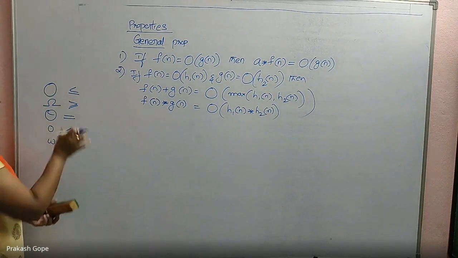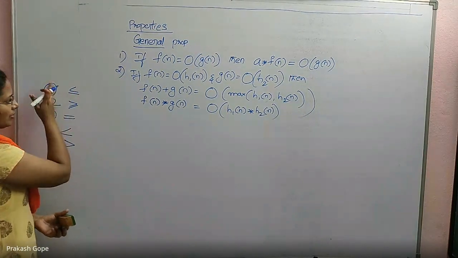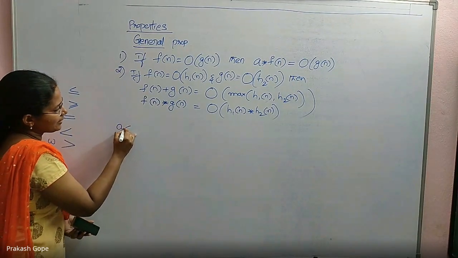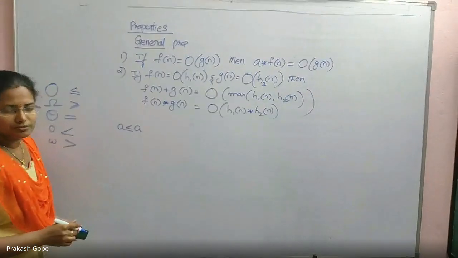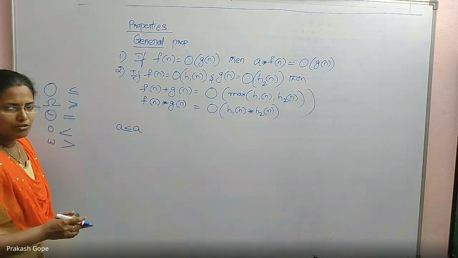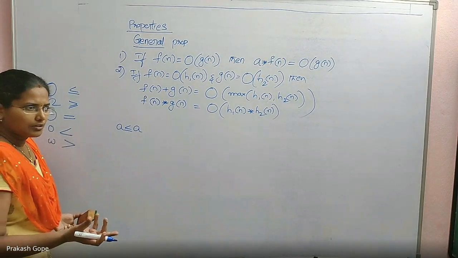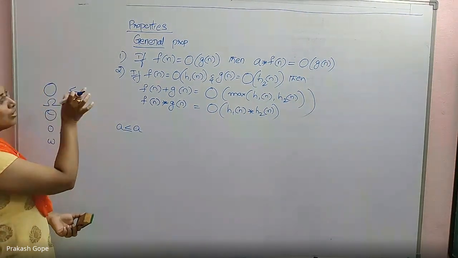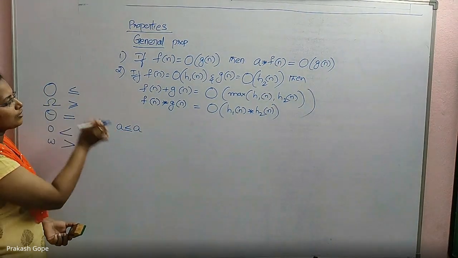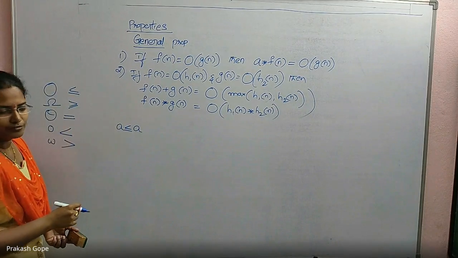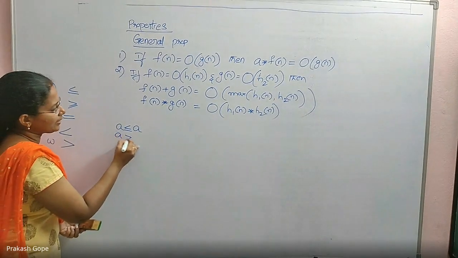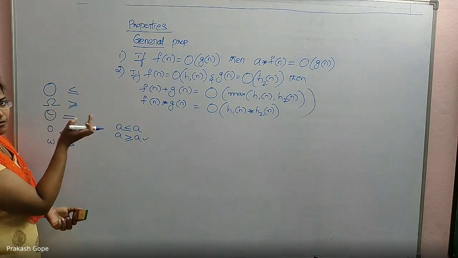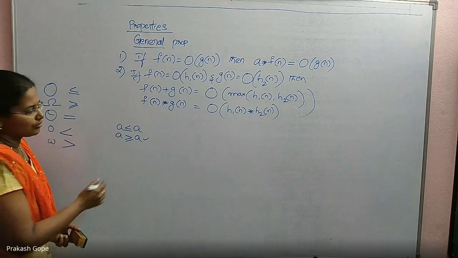Okay, let me explain. First less than or equal. Forget about big O's. Can I say A is less than or equal to A or not? Yes, A is less than or equal to A is true. So reflexive property is true for less than or equal to, which means it is true for big O also. Similarly, A greater than or equal to A is also true, so reflexive property is true for big omega also.